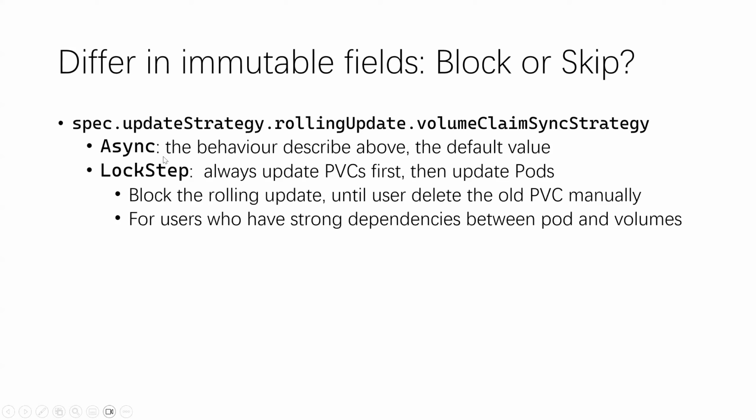In the previous slides, I proposed to just skip these PVCs. And of course, we will add some fields in the status so that users can know that some of their PVCs are not updated. They can monitor the status, and if it is not desired, they should take action themselves.